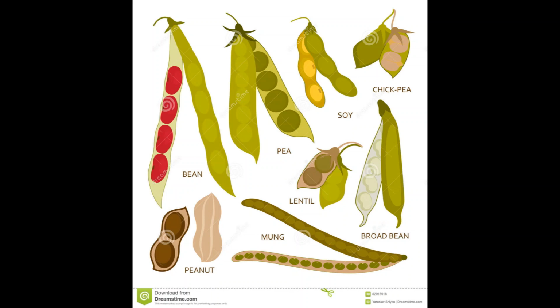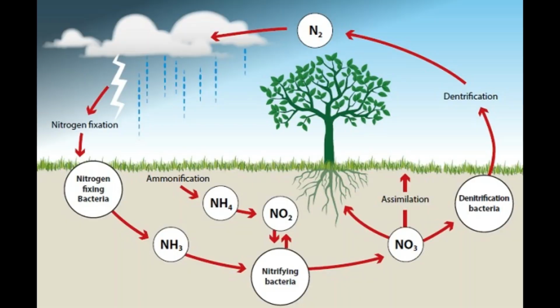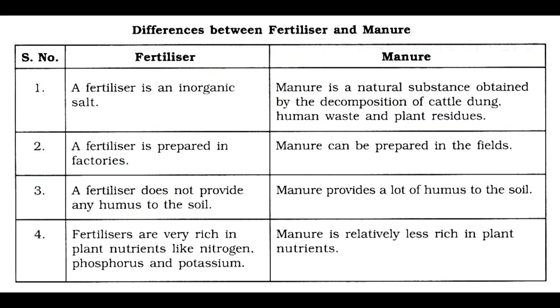They fix the atmospheric nitrogen. Perhaps I remember at this point the nitrogen cycle. Nitrogen in the air, the plants cannot take directly like carbon dioxide or oxygen. They must be fixated in the soil through some friendly bacteria. Right?